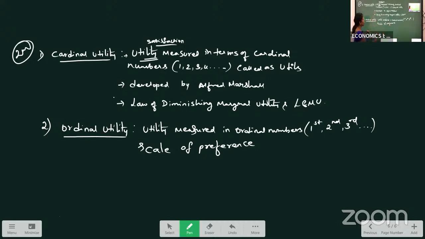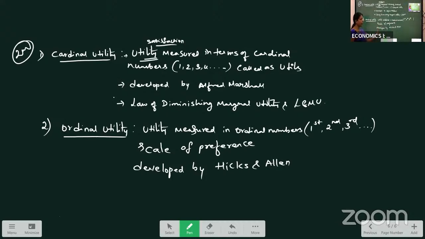The ordinal utility concept was developed by modern economists Hicks and Allen. For 2 marks, you have to write all these simple points I'm giving here.